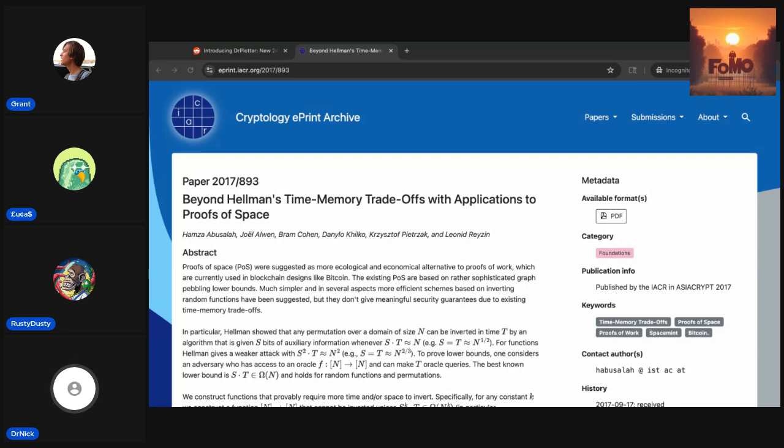No, I think it was something in the back of Bram's mind for a while, and he was working with Dan Bonnet, who's at Stanford, and they made a post about this at some point, but they just didn't really know how to apply it. Then we figured out how to apply it practically, and the compression savings from it could be applied to any of the proof of space.